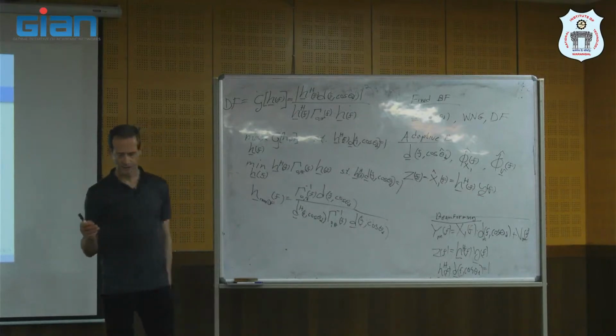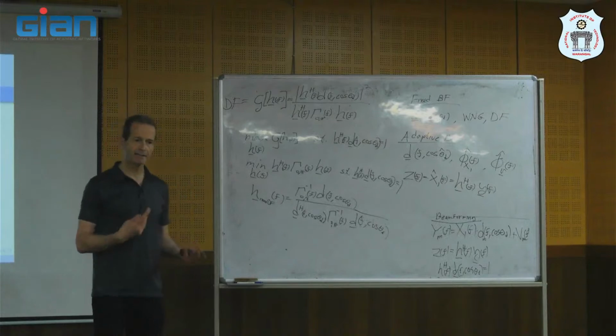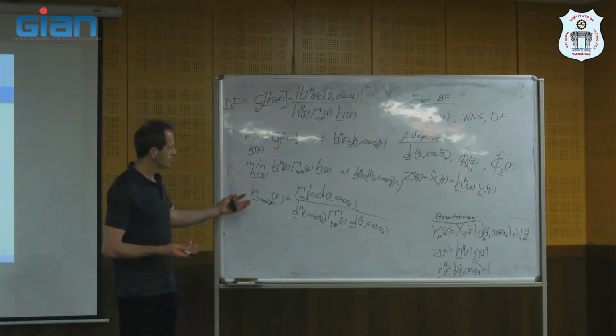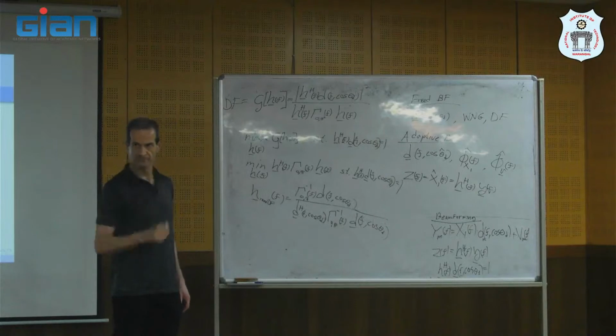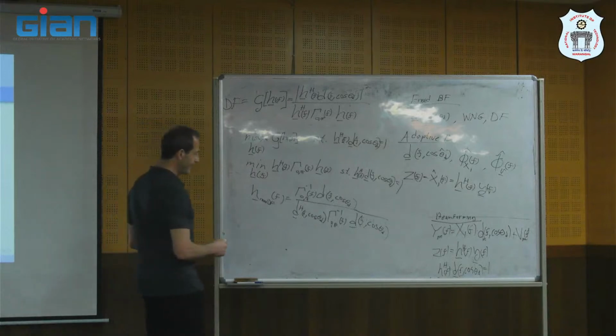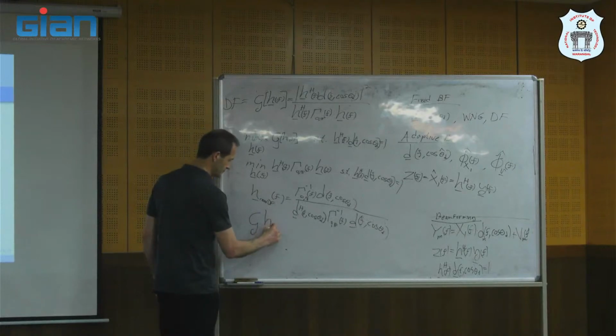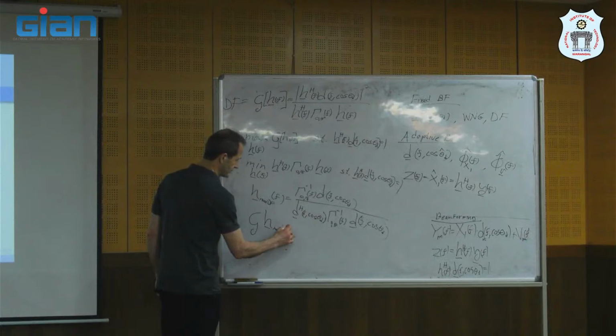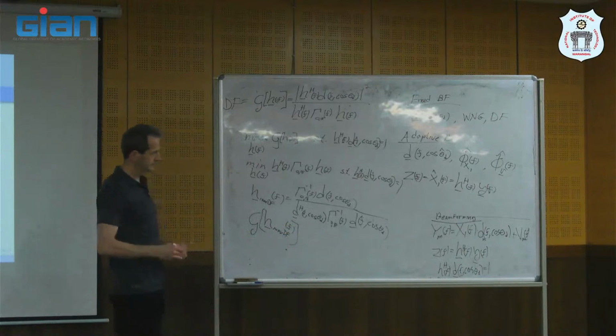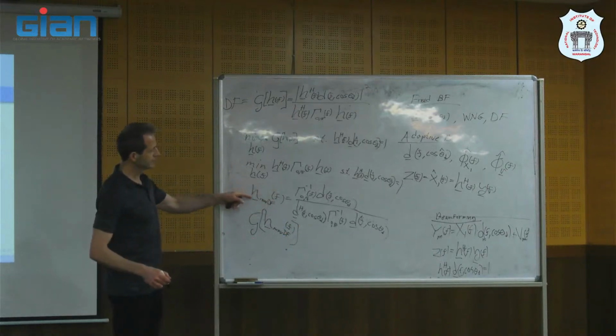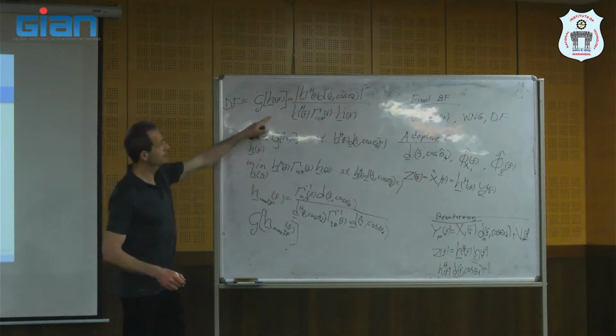So if I ask myself, what is the maximum of the array gain using this filter? The array gain that is achieved using this max DF filter, what do I do? I take this expression and put it here.